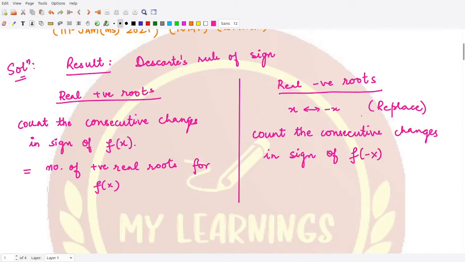So in your given polynomial, you replace x with minus x and then see what the changes are. The number of changes that you count here would be equivalent to the number of negative real roots for the polynomial f of x. So this is the rule.